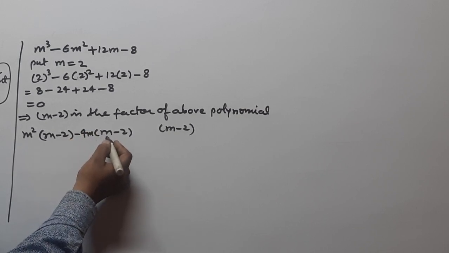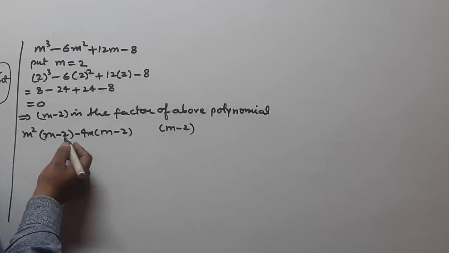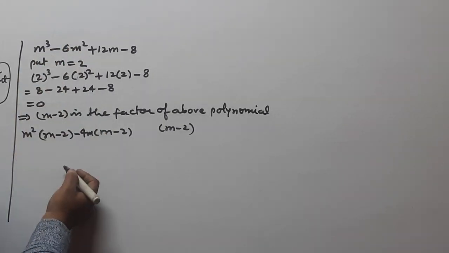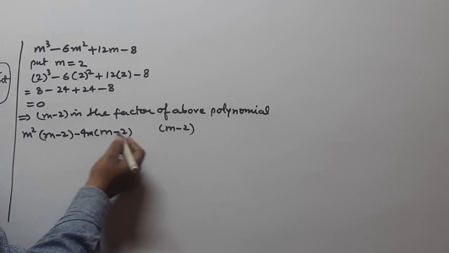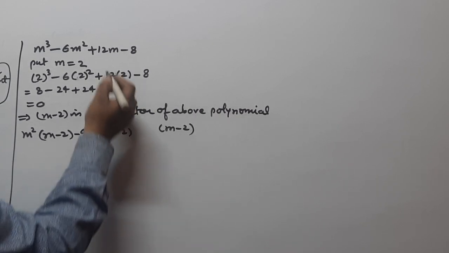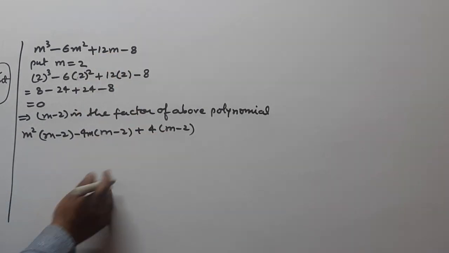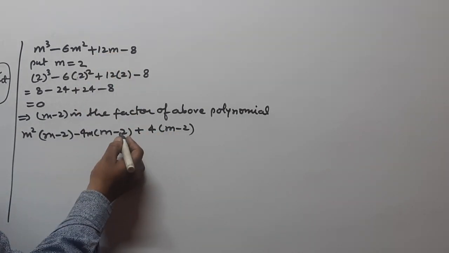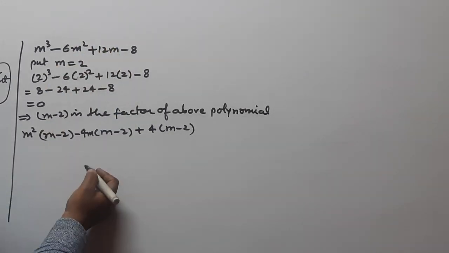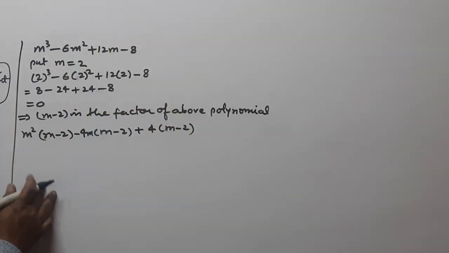Minus 4m multiplied by m gives minus 4m squared, and minus 2 multiplied by m squared is minus 2m squared, so we get minus 6m squared. Now minus 4m multiplied by minus 2 gives plus 8m, and here 12m, so we multiply here 4. And 4 multiplied by minus 2 gives minus 8.